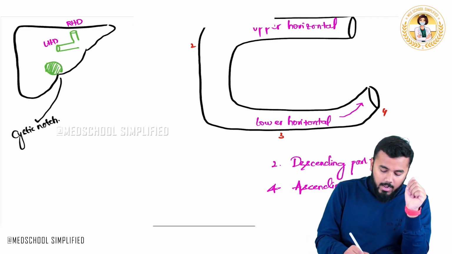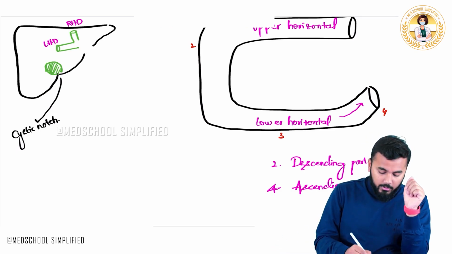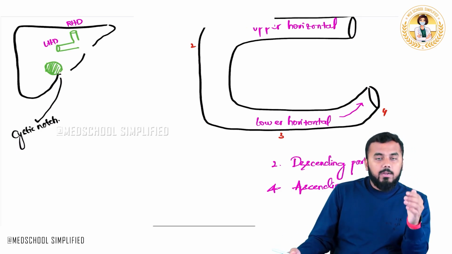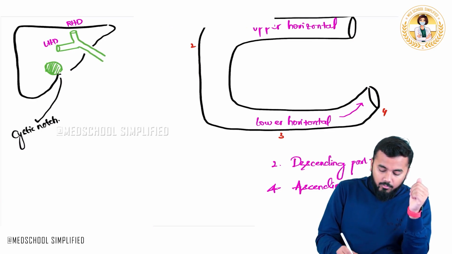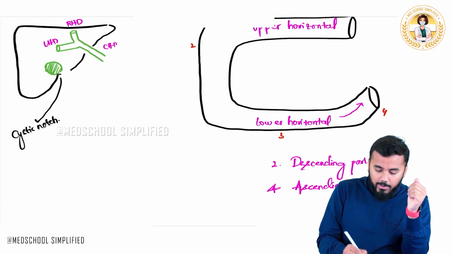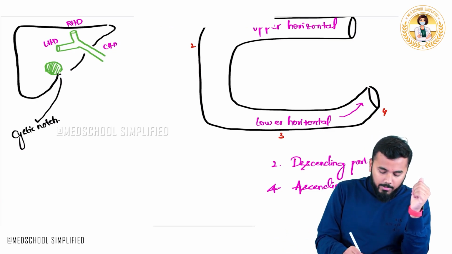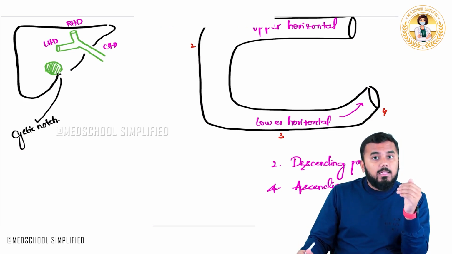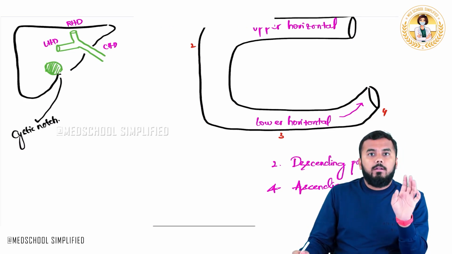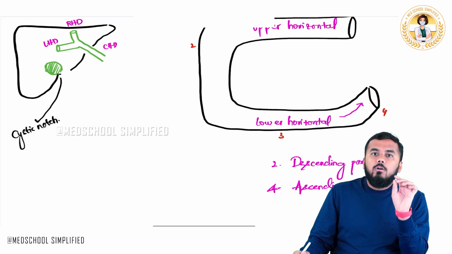Okay, now what will happen when the right and left hepatic duct join together? Yes, they join together like this and form what? They form common hepatic duct. Now common hepatic duct, and there is a duct that is coming from gallbladder. Can anyone tell what is that duct?